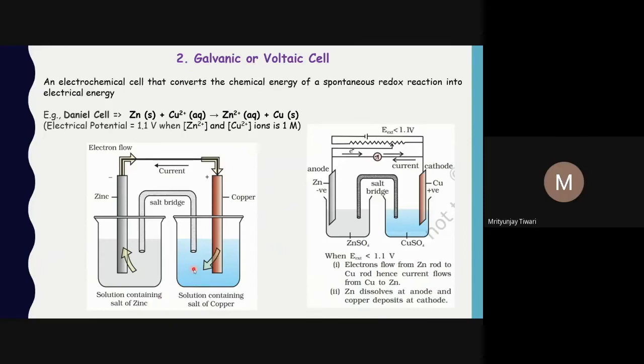Some more impurity may be there, but that impurity will not be reduced here. Only copper will be reduced using this device. That is how we use it, depending on the kind of impurity, whether it is not more active than this, based on the redox potentials. We will see what that potential is.